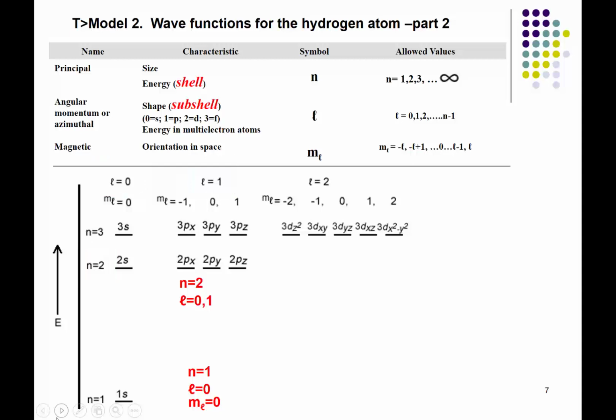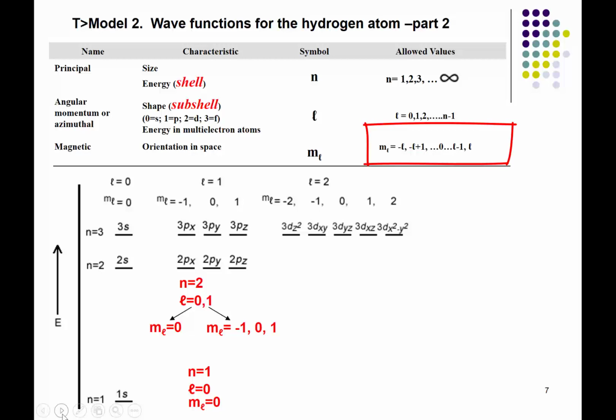As it turns out then, ML can have certain values. So ML can equal 0. In a sense, we already saw that in the previous example. But what about for L equal to 1? Well, ML can be minus 1, 0, and 1. So the idea here and what's meant by these allowed values is you look at the L value, and it can equal the positive or the negative version of that L value, and then you climb up to 0 and then up to that L value.